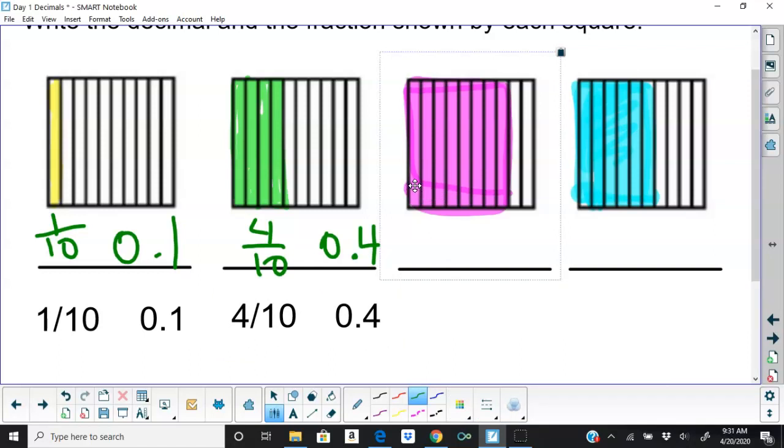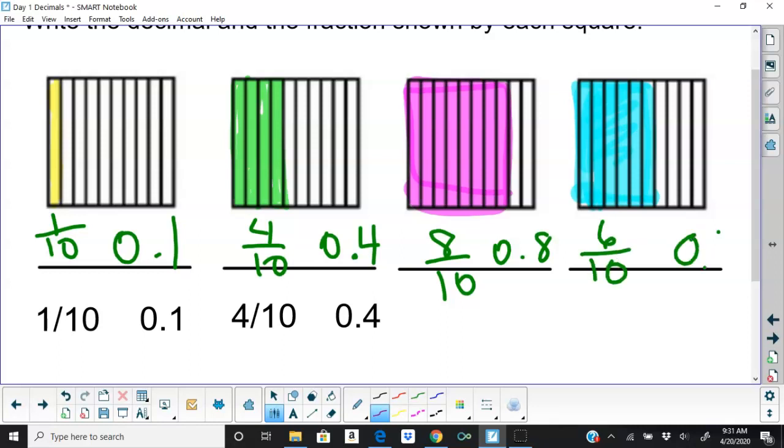All right, let's see. 1, 2, 3, 4, 5, 6, 7, 8. 8 tenths. And 1, 2, 3, 4, 5, 6 tenths. Okay, these are equivalent ways to write the same value.